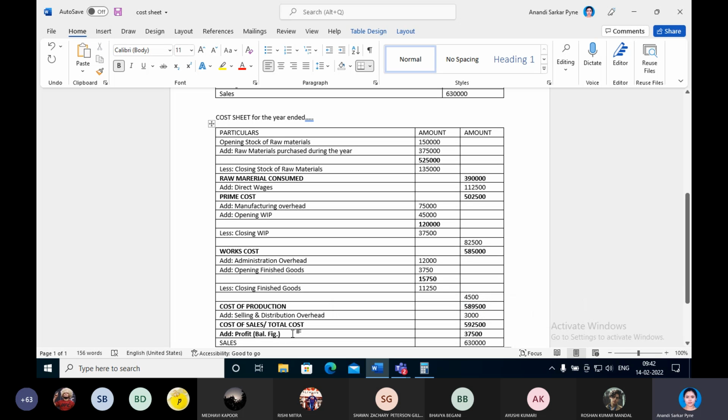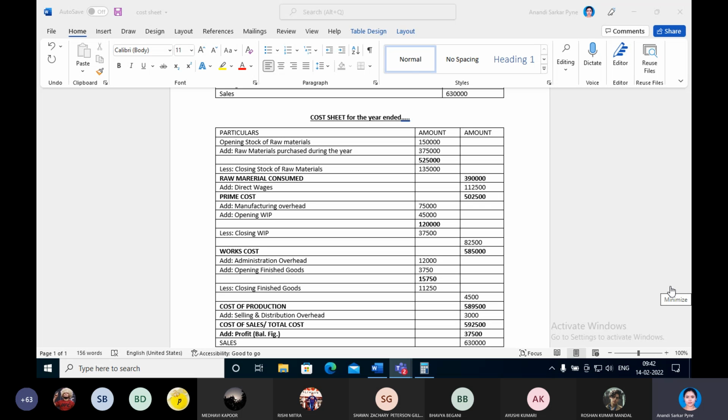This is our answer, right? So this whole problem is our answer because the question required us to create a cost sheet. Understood, class? If you have not understood, let me know. I will explain again.